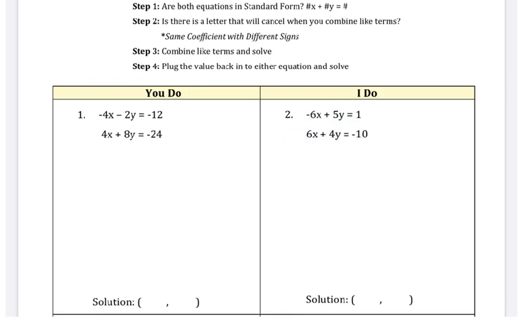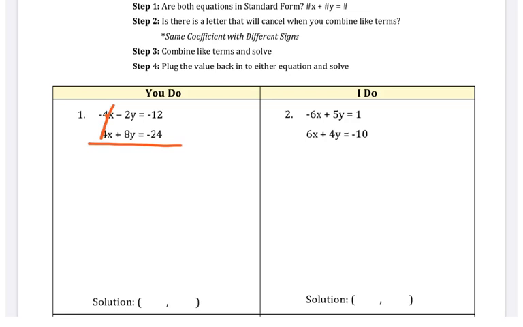In number 1, if we look at these variables, we have a negative 4x and a positive 4x. If we combined like terms, if we added these together, negative 4 plus 4 is 0. So that letter would eliminate. A negative 4 and a positive 4 would make the x's go away.